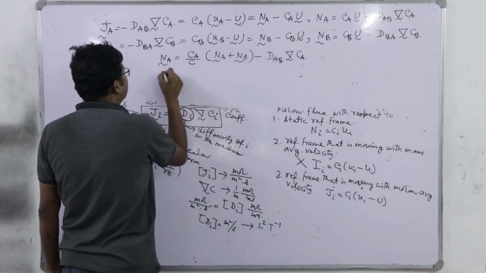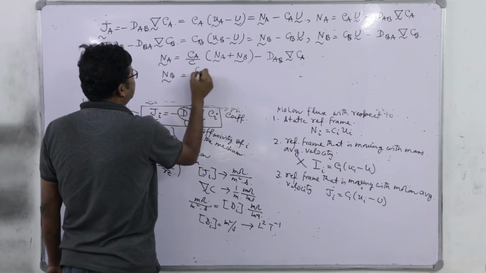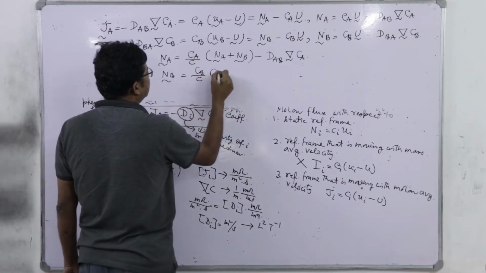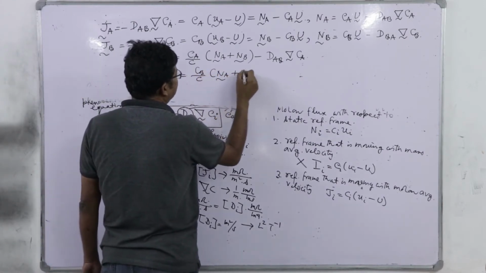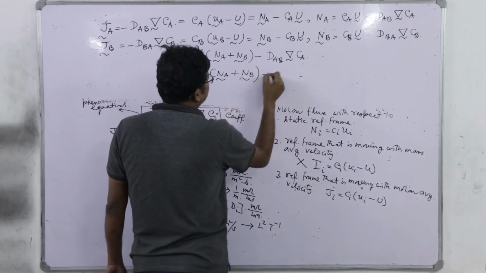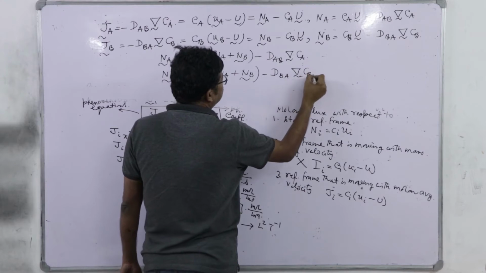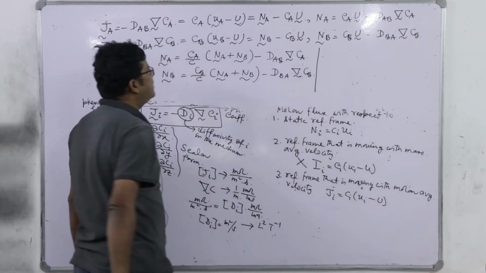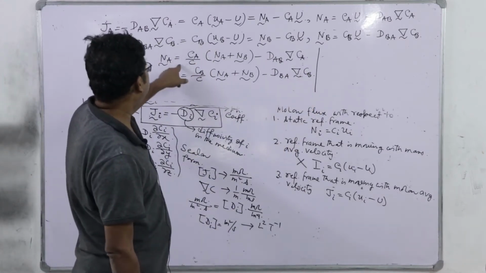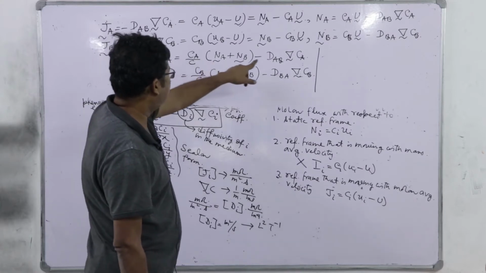And NB is equal to CB by C (NA plus NB) minus DBA grad of CB. Now, if you add these two equations, we will get what?